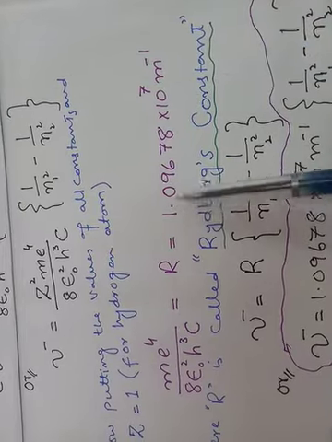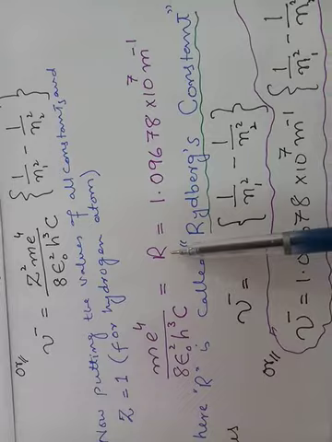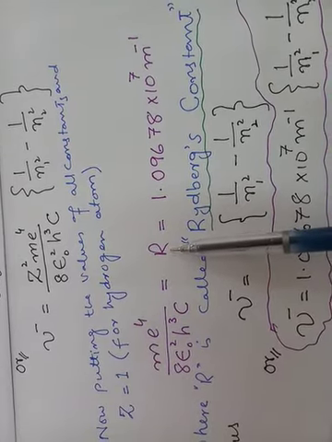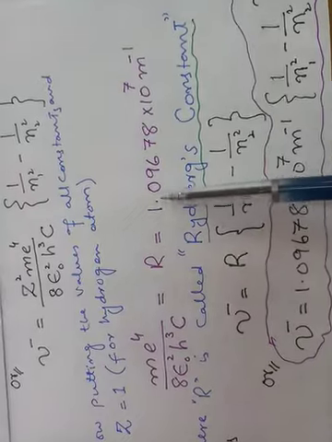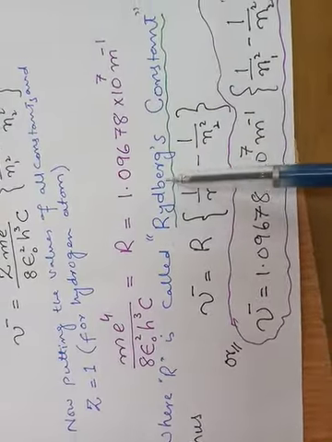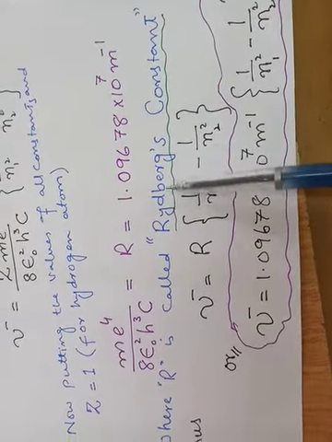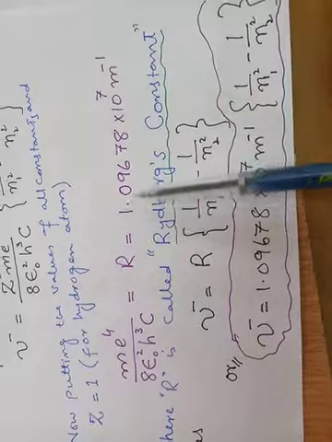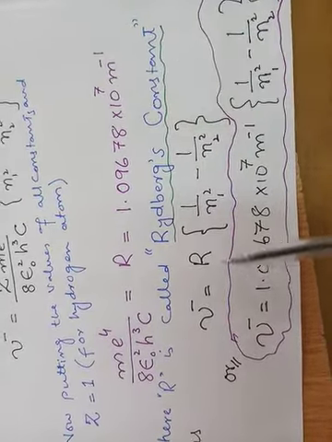This numerical value is called Rydberg's constant. It may be one of your short questions: what is Rydberg constant and what is its numerical value. So this R is called Rydberg's constant. Check its spelling and numerical value. It must be clear to you.